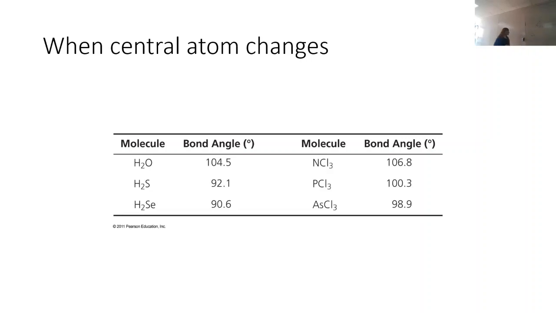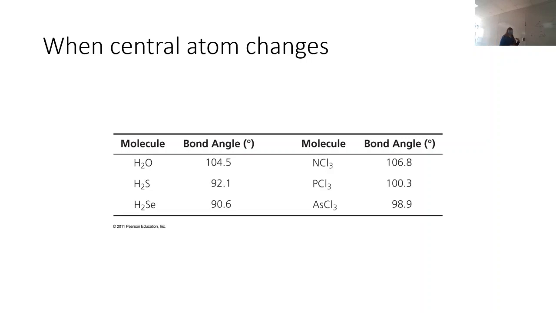Hard to see. And then when I make my central atom bigger, instead of still having this, where we would kind of expect that to be the same angle, it actually gets closer together. So this is a little counterintuitive. Why would making the central atom bigger cause the bond angle to get smaller? Why would those atoms get closer together?